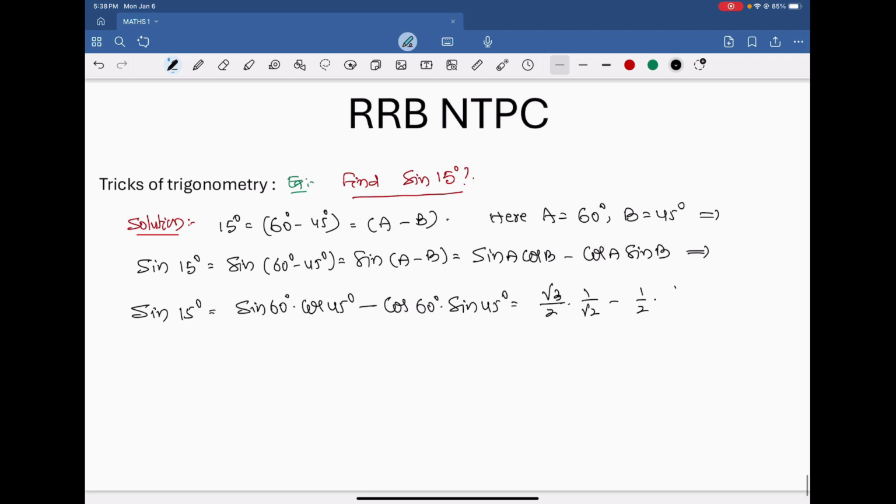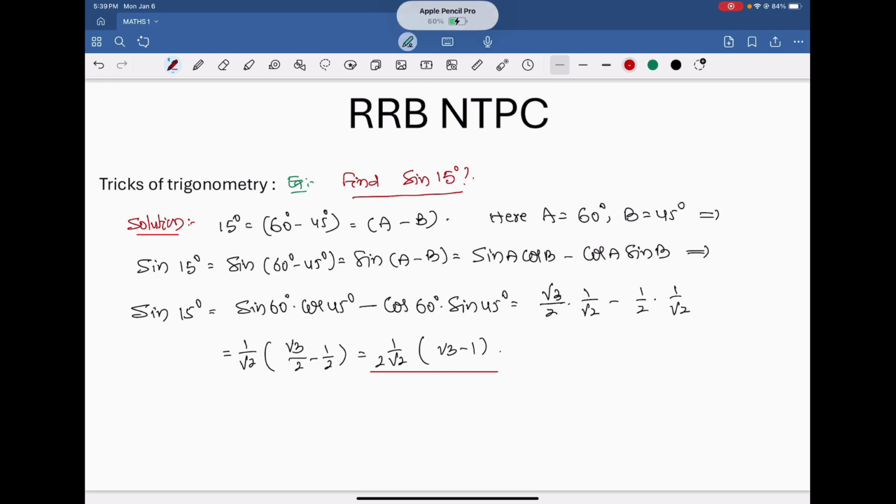Then it becomes 1 by root 2 is taken common, root 3 by 2 minus 1 by 2, that is equal to 1 by 2 root 2. If 2 root 2 is taken common, in the bracket root 3 minus 1. This is the value of sin 15. How simply and how easily within seconds we could find the value of sin 15. Please appreciate this.